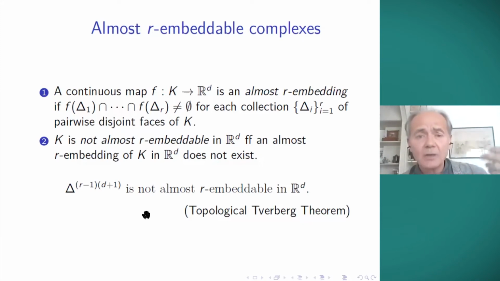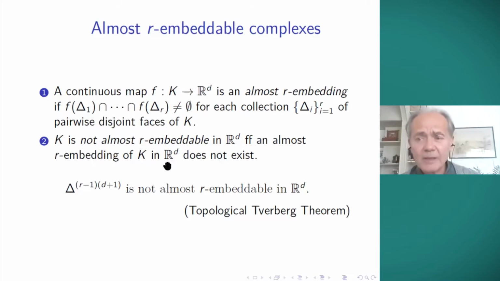It is r-embeddable if there are no r-fold points. But if you have a simplicial complex, then you say there are no r-fold points which are far apart. In other words, they belong to disjoint simplices delta 1 up to delta r. So an almost r-embedding exists if this intersection is empty for any collection of pairwise disjoint simplices. And then we say K is not almost r-embeddable if such an almost r-embedding does not exist.